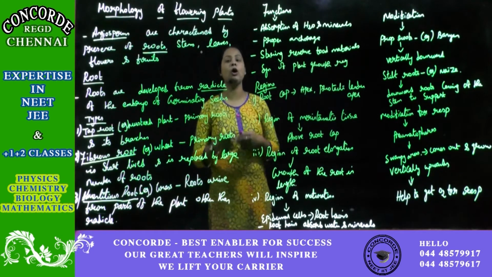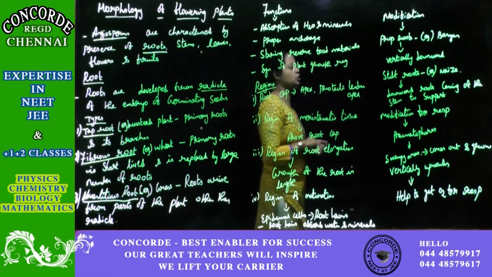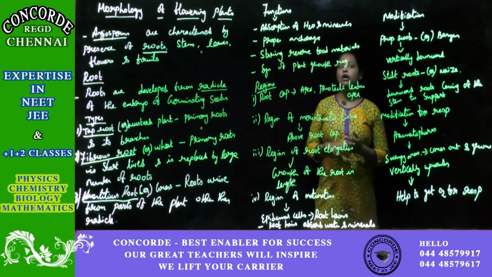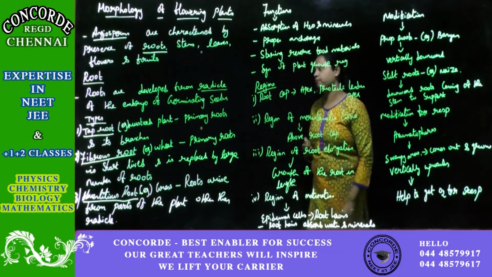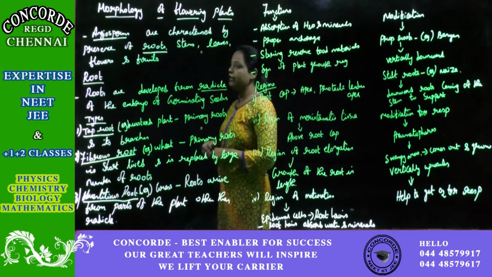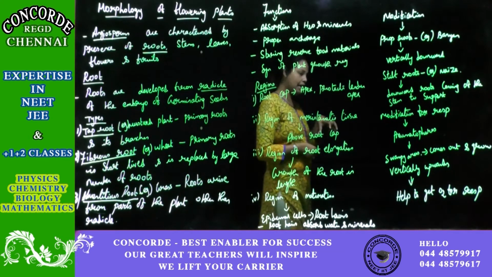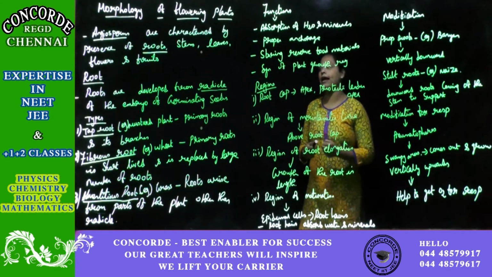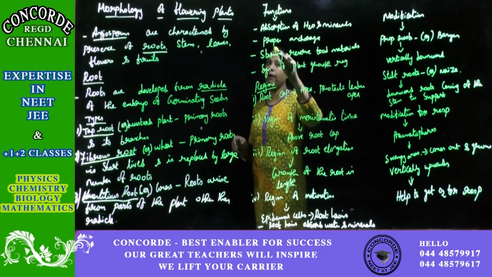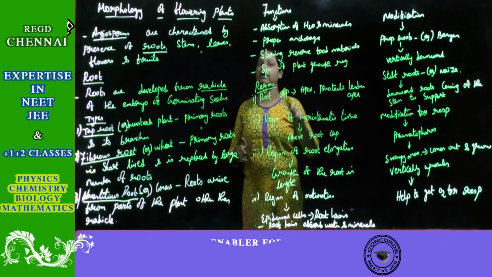So the first function is absorbing water and minerals. The second function is that roots are embedded inside the soil, so they give strong anchorage support for the plant. Proper anchorage support is provided by the root.